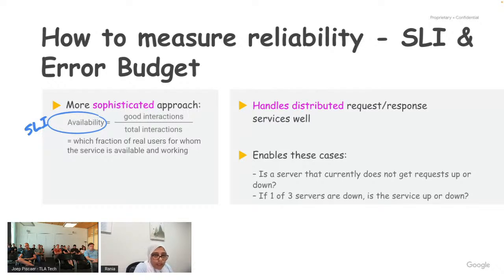For example, successful requests per response, or even HTTP 200 responses: the number of 200 responses that we receive versus the total number of requests that we received.